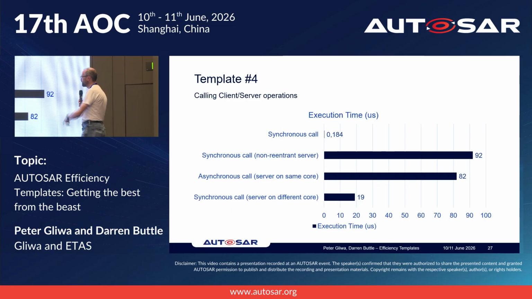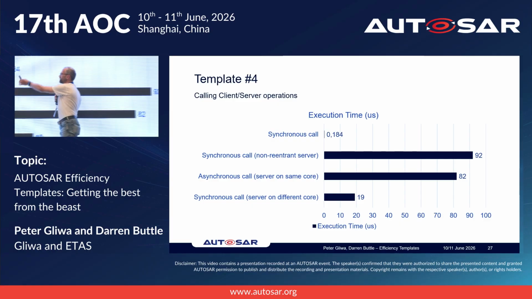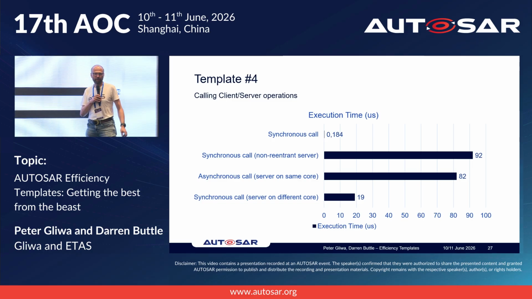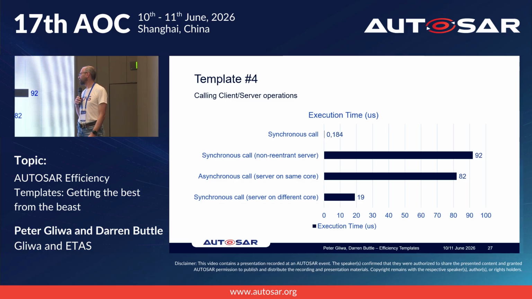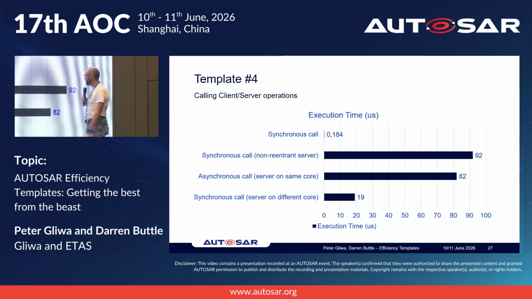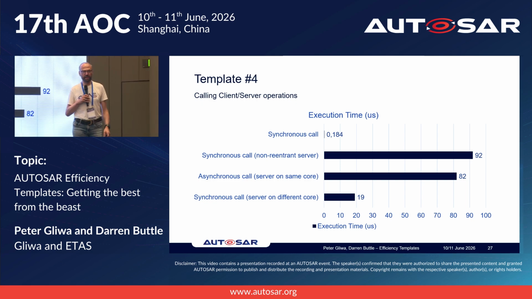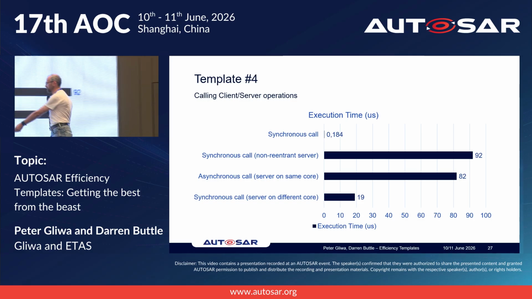So here's some data. This is a synchronous call. This is exactly the same function in 4 different models here. Synchronous call, 184 nanoseconds there, pretty tiny. But as soon as we start going for a non-reentrant server on a synchronous call, or an asynchronous call, we're talking about nearly 100 microseconds in those 2 cases to call exactly the same function, just with a different call synchronicity.